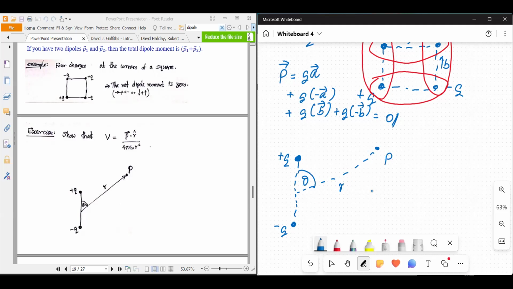We need to calculate the potential here, and we should be able to say the potential is equal to P dot r over 4 pi epsilon naught r squared. So take a few minutes and try this one.